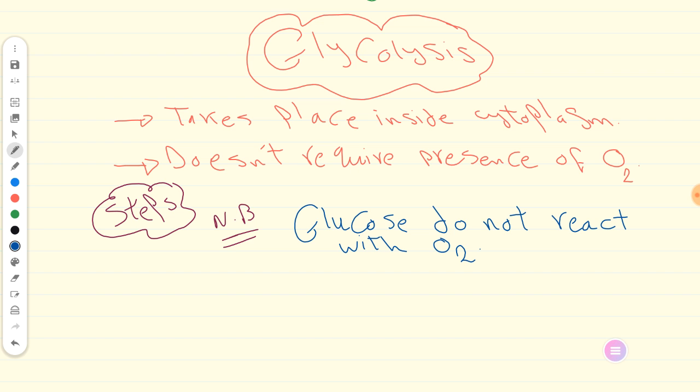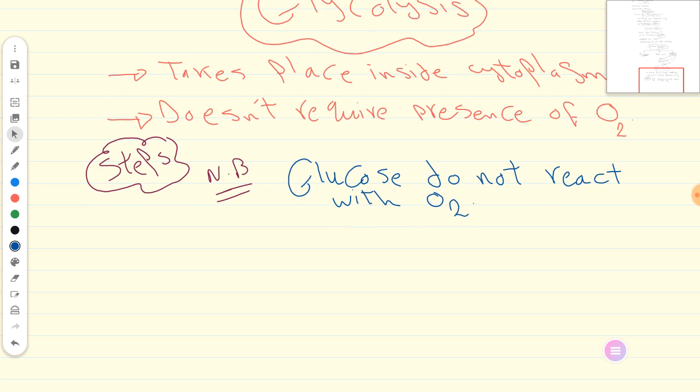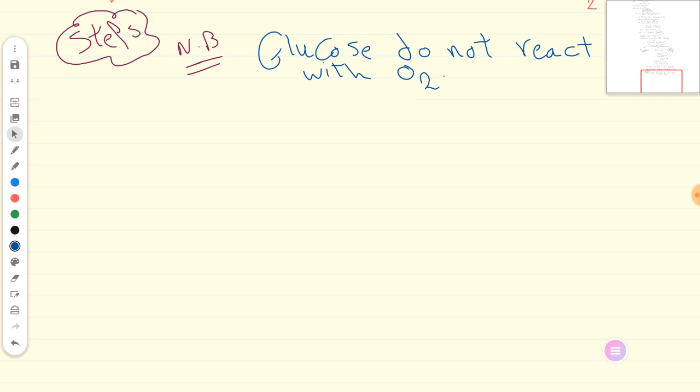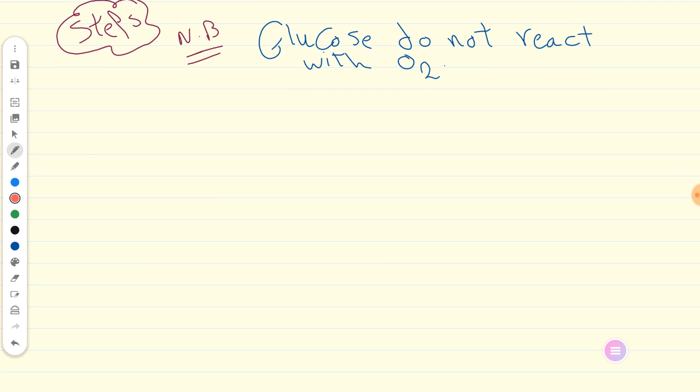So how does this process of cellular respiration occur? We know that cellular respiration depends on the reaction between oxygen and glucose. So oxygen and glucose don't react together. So what will happen for the occurrence of this process? Before the breakdown of glucose by the presence of oxygen, the process of glycolysis takes place.